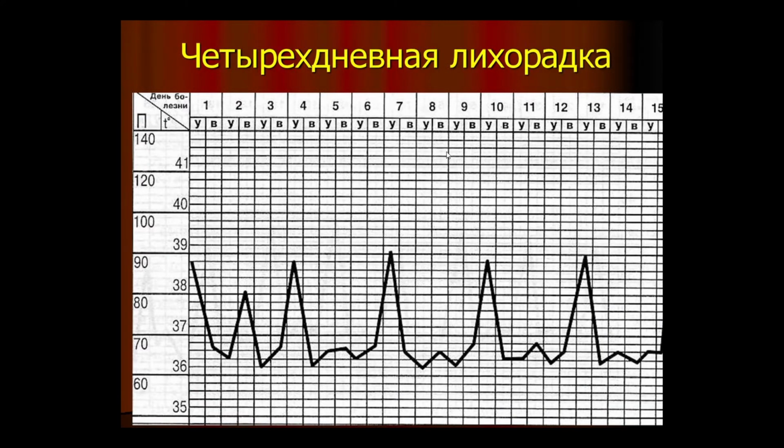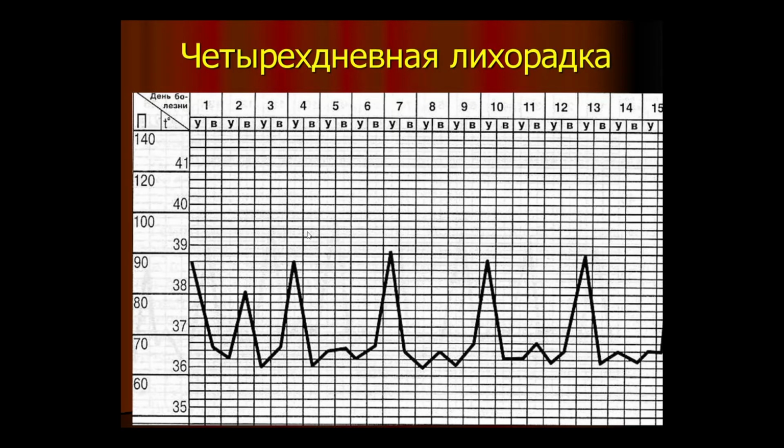Quartan malaria: the cycle is 72 hours. From the start of one cycle to the start of the next cycle, 72 hours have passed. So the gap between febrile days is 2 days, not 1. Every 72 hours, on each 4th day.